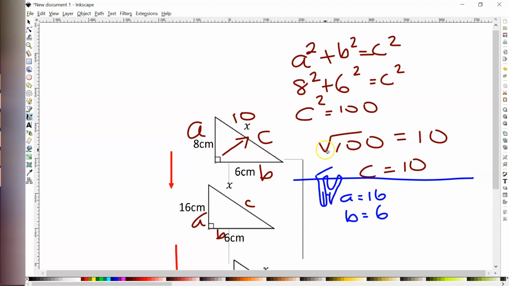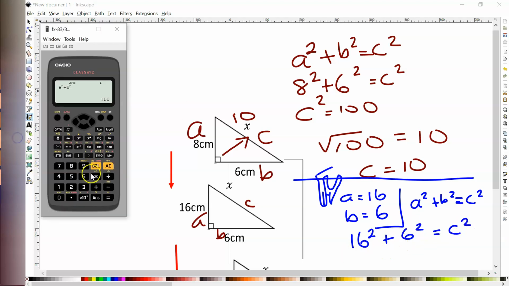So if we use the general formula that we had earlier, which was A squared plus B squared equals C squared, A is 16, so 16 squared plus 6 squared equals C squared. Get your calculators out. 16 squared plus 6 squared is 292.